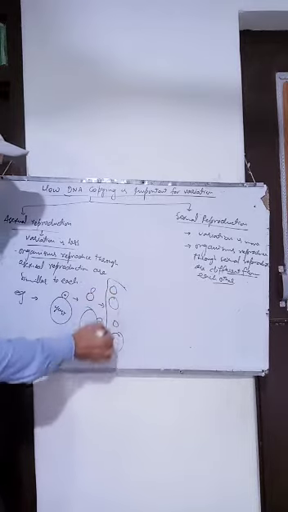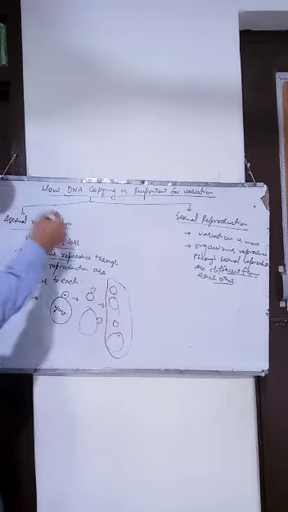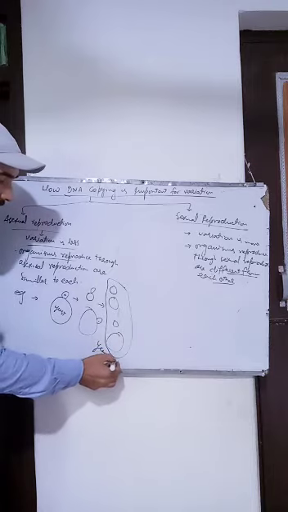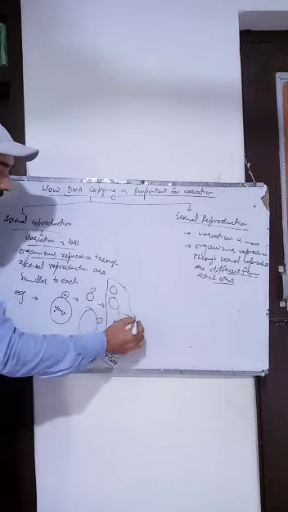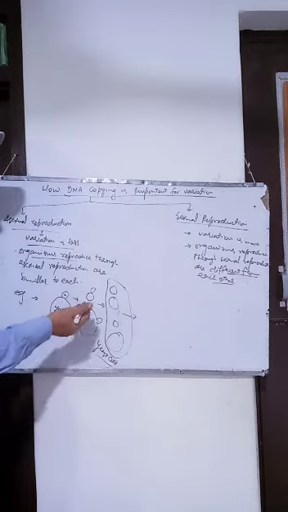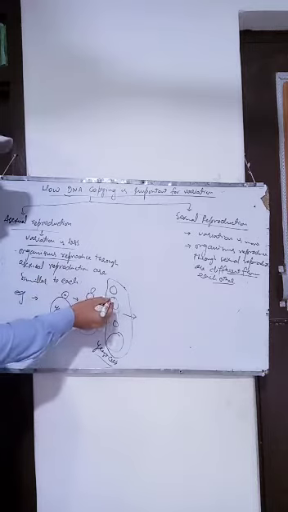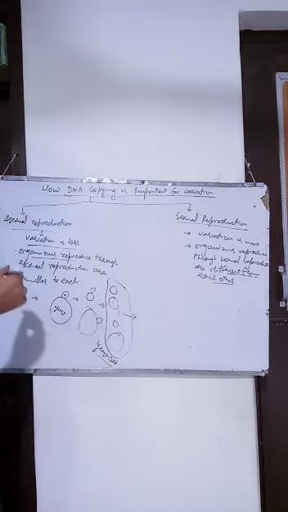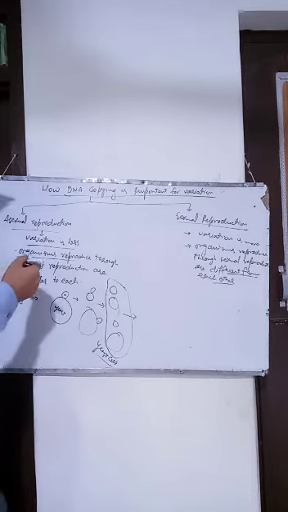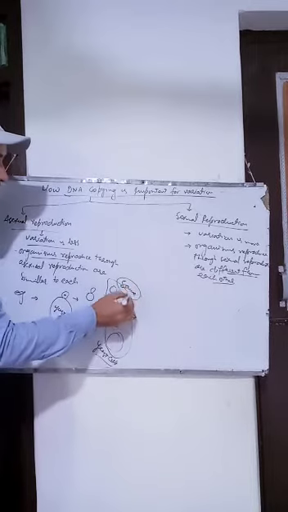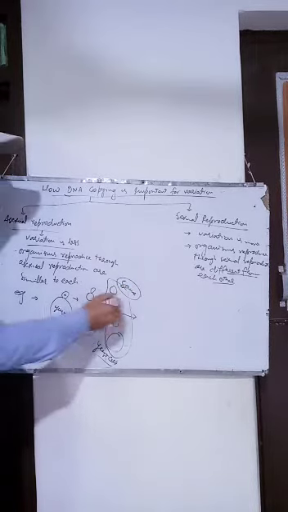These yeasts reproduce asexually. These yeast cells have very little variation. Their genetic material is very, very similar. They have the same genetic material. Variation is less.